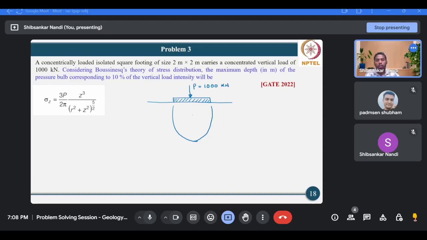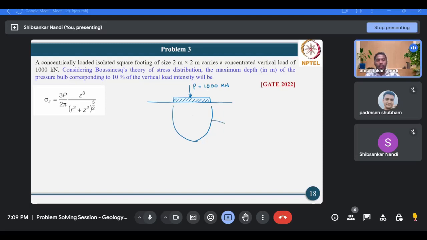If you draw this line by connecting a series of points, each of these points is having equal vertical stress increase. Are you getting my point? Each of these points has equal vertical stress increase due to the application of this concentrated load.